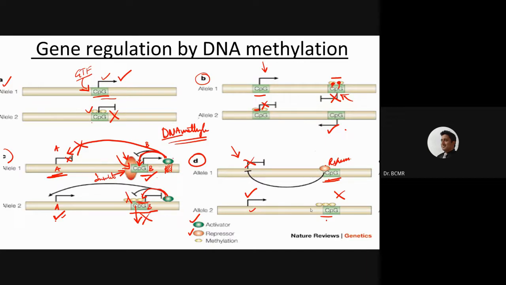And the third important part is what type of protein is binding at the CpG island at that place. When I say CpG island, it is not a strict sequence actually. It is mostly that they are highly rich in CG or GC.